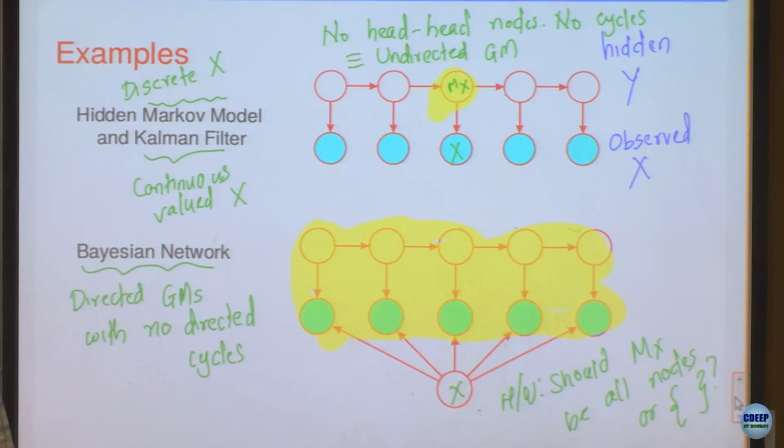Okay. If you had additional nodes here, if I had an outgoing edge here or an outgoing edge here, then you would have to include all these nodes. So the question is, in the absence of any other node, why include them?